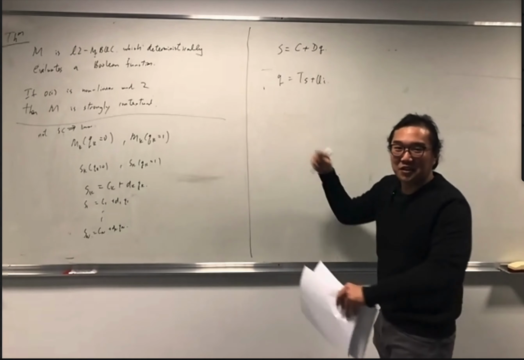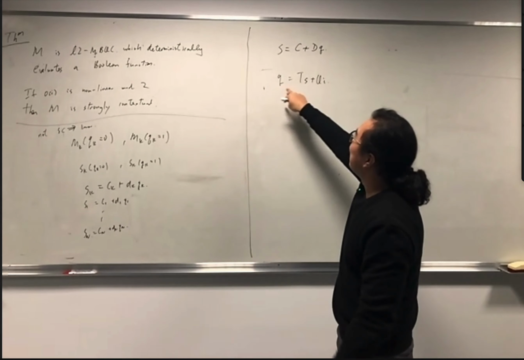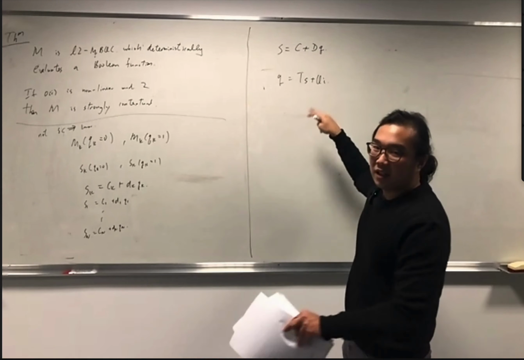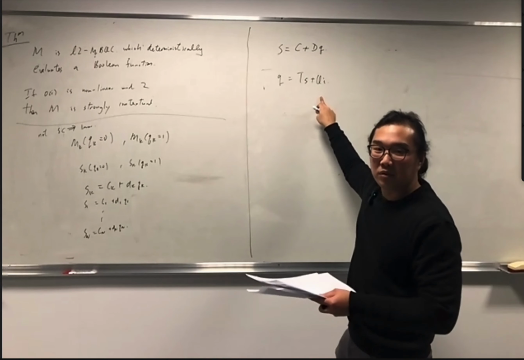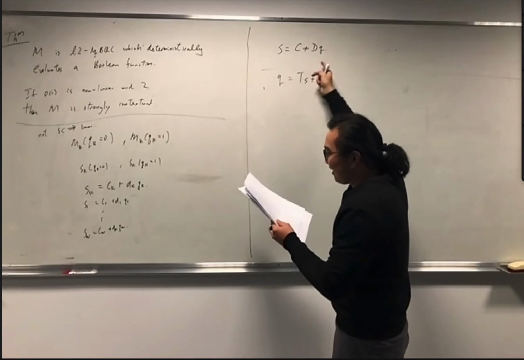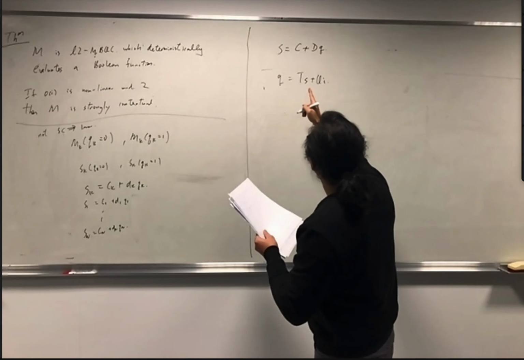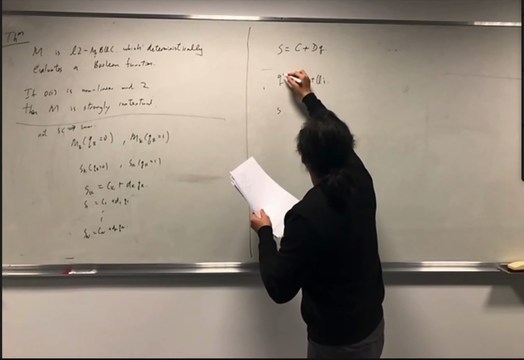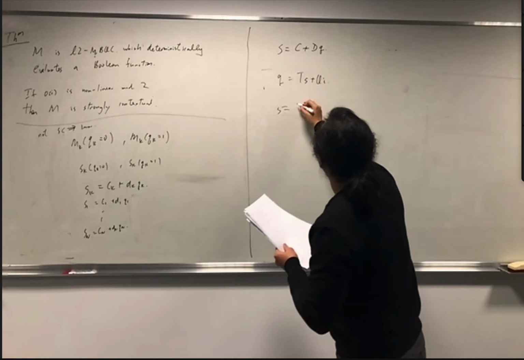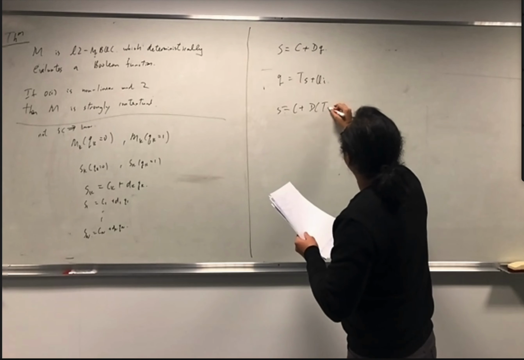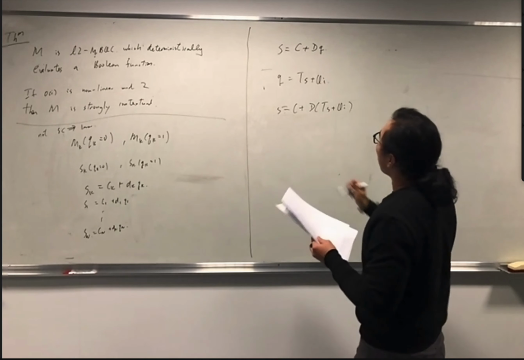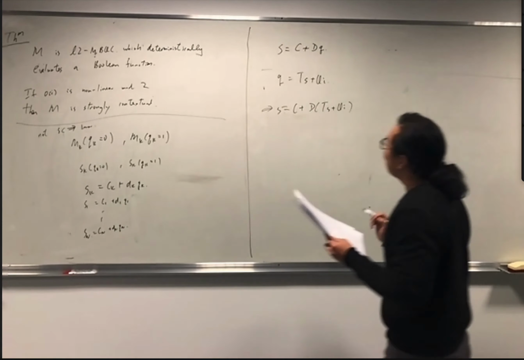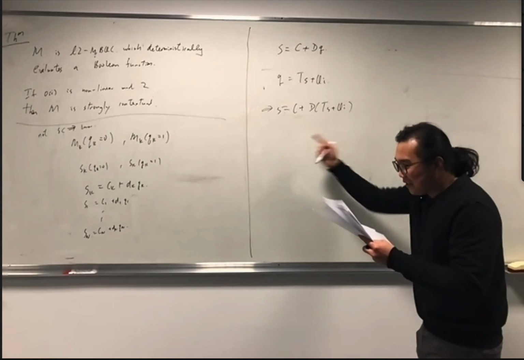Remember the definition, the setting input depends on the outcomes and the classical inputs. Then you just plug everything in. So you have C plus D times TS plus QI. And then you try to simplify it.